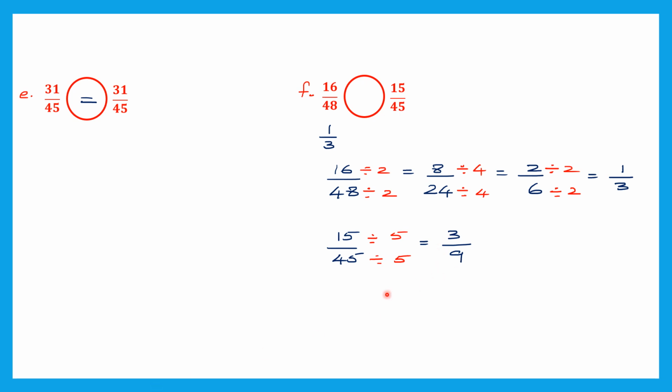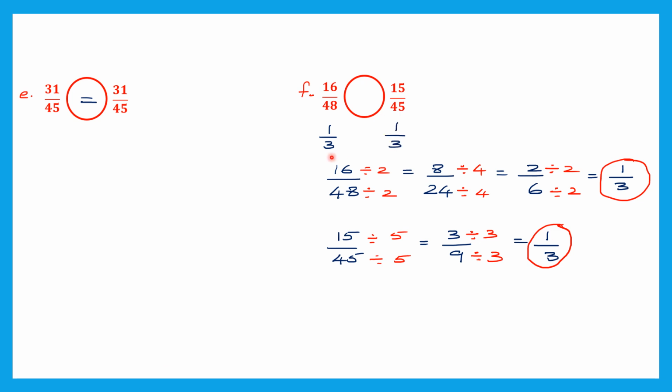Both are in the tables of 3. So let me divide this by 3 and divide this by 3. So what do we get? 3 1s are 3, 3 3s are 9. So here also we got 1 by 3. 15 by 45 has now become 1 by 3.